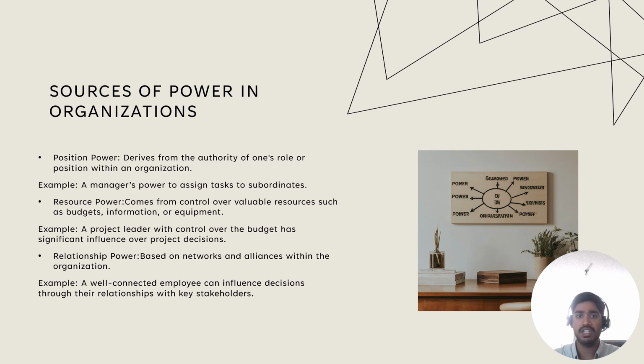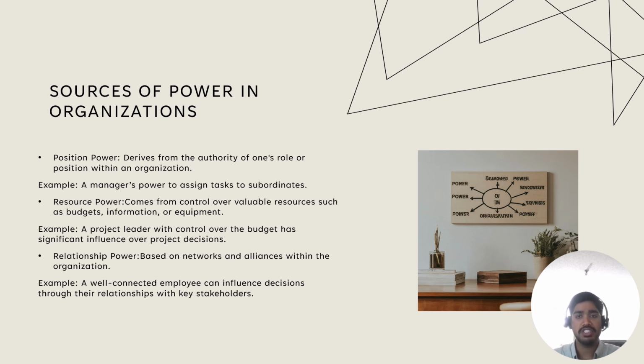However, it is important to know that position power might not alone be effective to influence others, especially in a very collaborative environment. Take for example a manager or a CEO, whose decisions are usually followed due to positional authority, but this power can be limited if not coupled with other forms of influence.